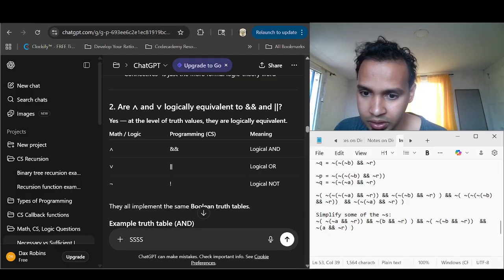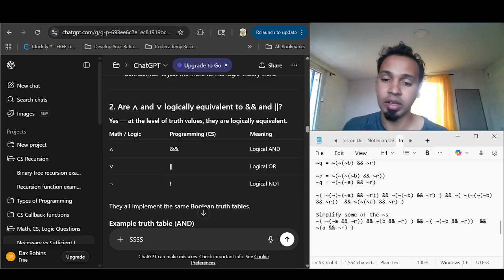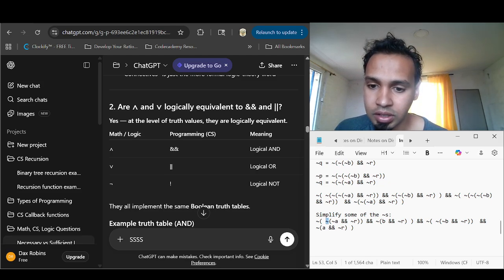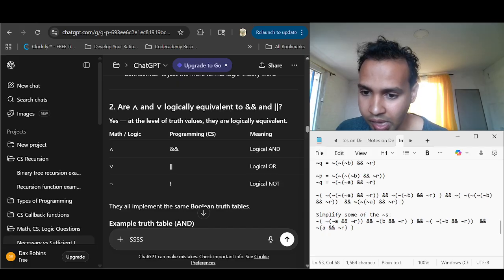So I see not A, not R, B, R, and then not B, not R, then A R. Okay, I think that makes sense. But now I don't know if you can factor in these knots with this and statement, is my question.